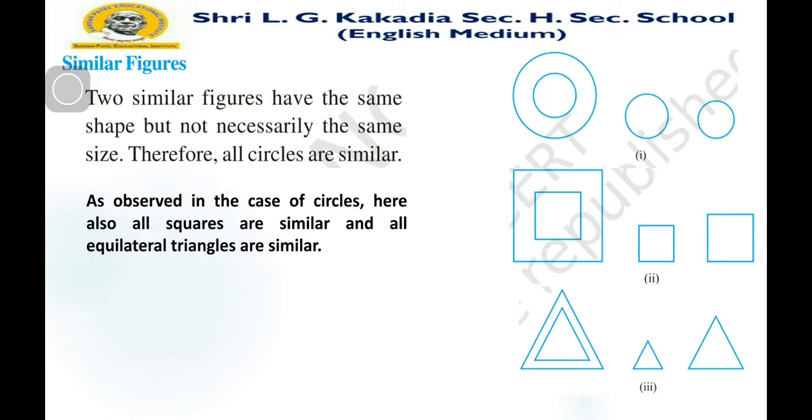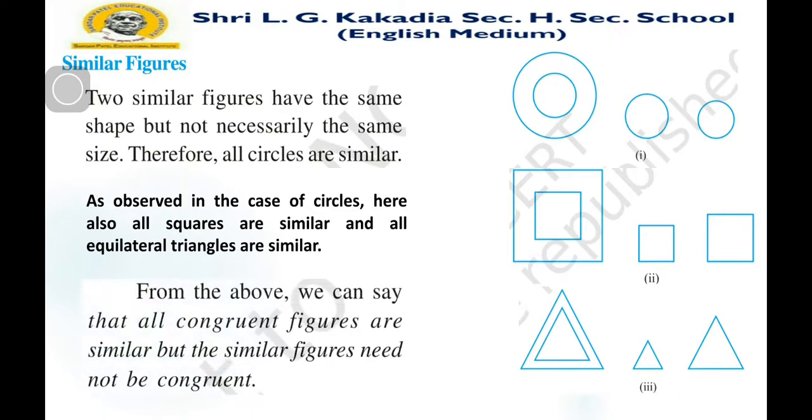For these three figures, circles, squares and equilateral triangles, all circles are similar, all squares are similar, and all equilateral triangles are similar. So from the above we can say that all congruent figures are similar, but similar figures need not be congruent.